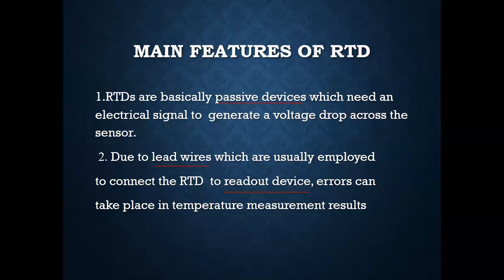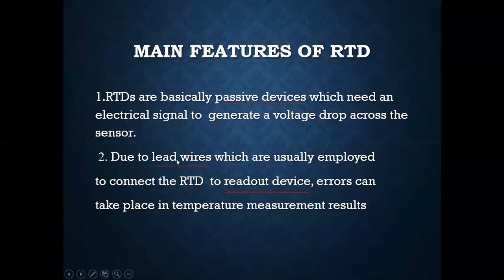That wire is known as lead wire. Nowadays, instead of lead wire, we are using transmitters. That is the advanced form. But here I only explained what lead wire is: the wire that connects the RTD with the display.